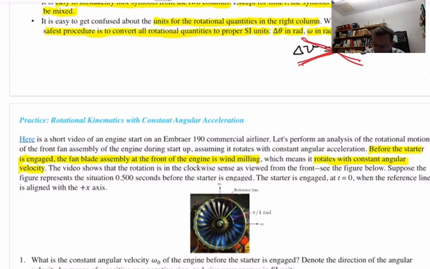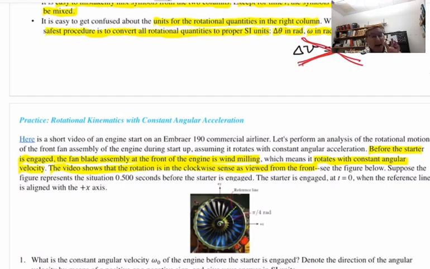As you will see in a moment, the video shows that that rotation is in the clockwise sense as viewed from the front. In fact, I have a photograph here of the front fan assembly of an Embraer 190 jet engine. And I have drawn in green dashed line a fixed reference line that I've imagined on one of the fan blades. That's going to rotate with the fan.